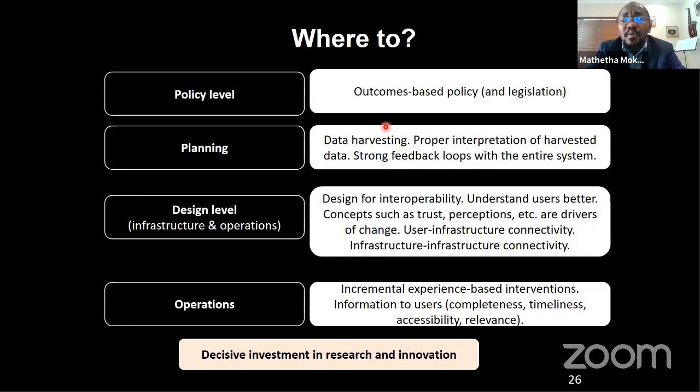And then lastly, but not least, decisive investment in research and innovation. Wanting to get results without investing in research and innovation is taking us backward. We need to be decisive in this, equip universities, equip research institutions, so that they're able to inform the way forward in planning, policy, design, and operations.